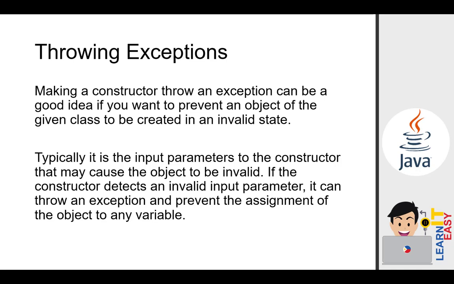So to summarize, do we need to use exceptions in constructors? The answer is, if you want your class to be foolproof, then you should consider doing it. Because if your input for the parameter during creation is wrong and you have no exception handling, the object you create may get corrupted.